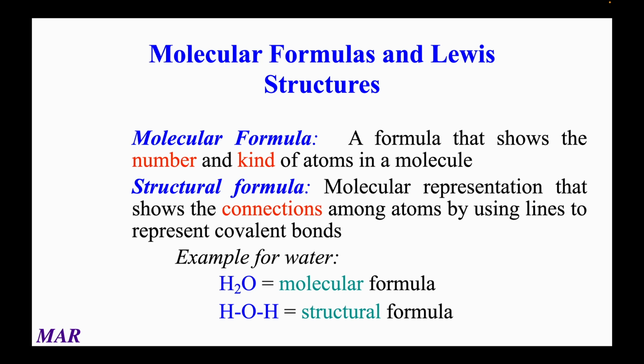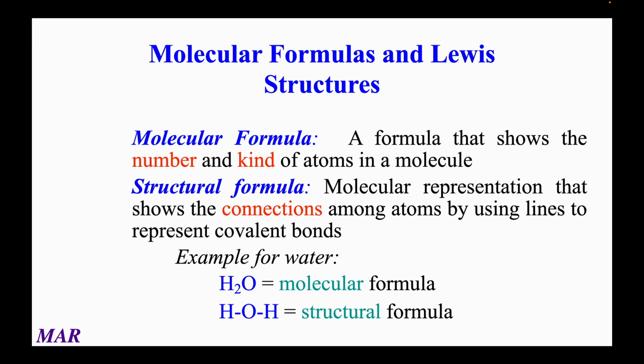And when you want to know where the electrons are existing in a molecule, a structural formula is better. So in reality, like we saw earlier, the oxygen is in the middle of the hydrogens. So HOH is a better version on some levels. This is called a structural formula. It gives you information as to what the molecule looks like. Now, honestly, most of the time, chemists will use molecular formulas because they're more condensed. They don't take up as much space, etc., etc.